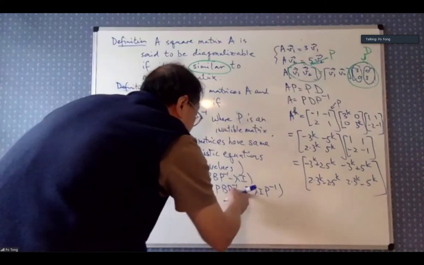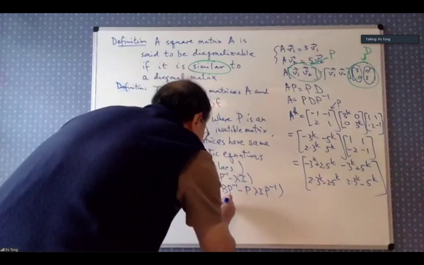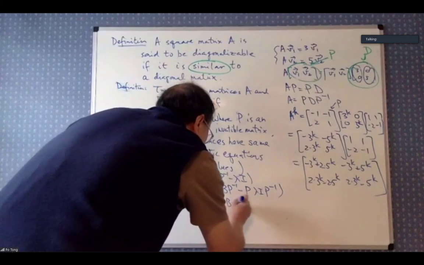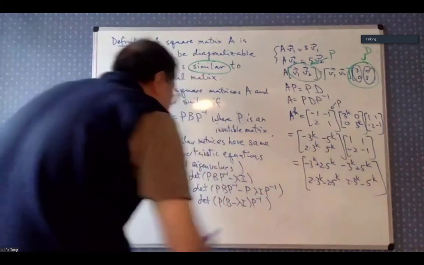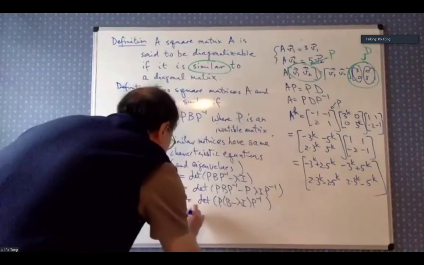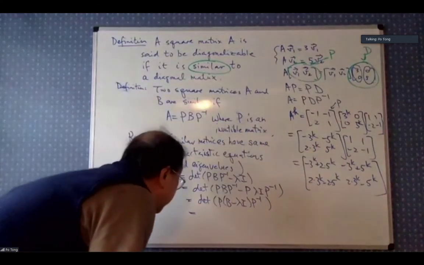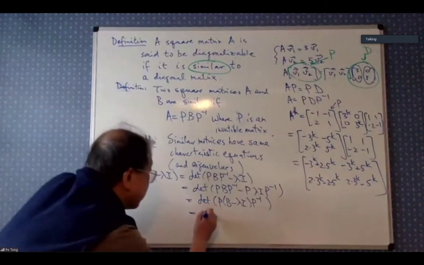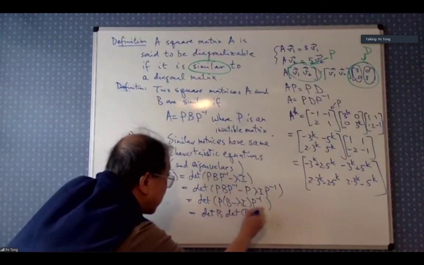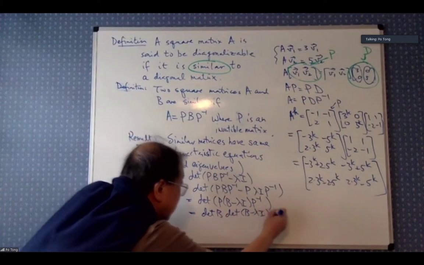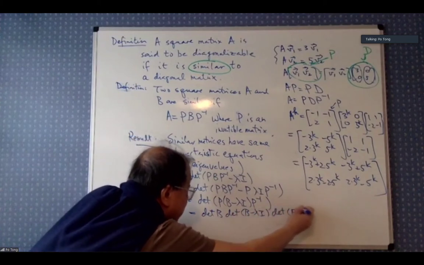Take the P and P inverse out as common factors, and this will be determinant of P, determinant of B minus lambda I, determinant of P inverse.